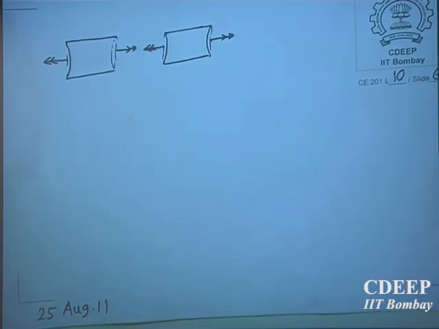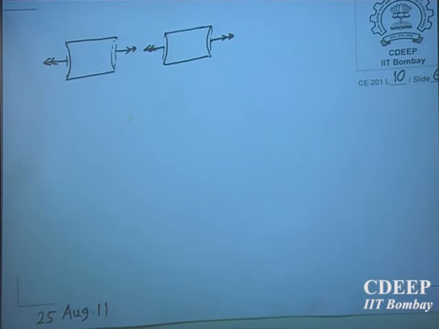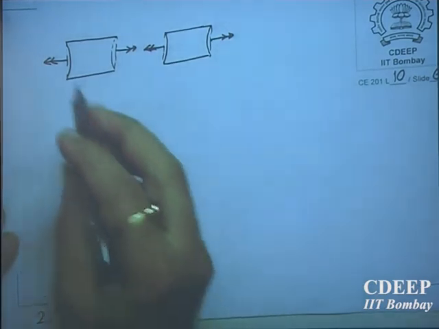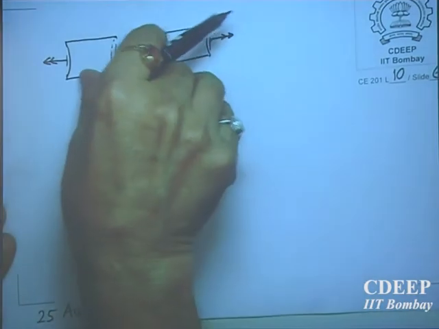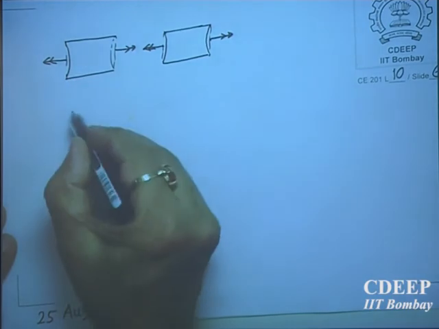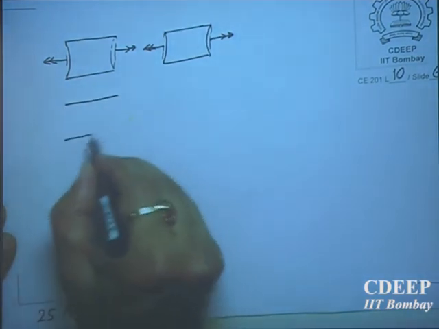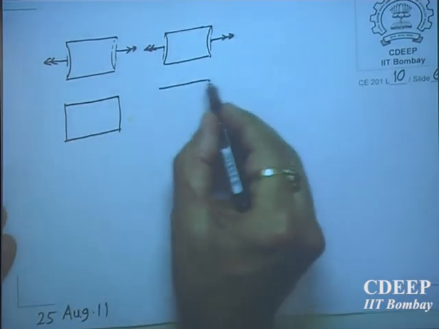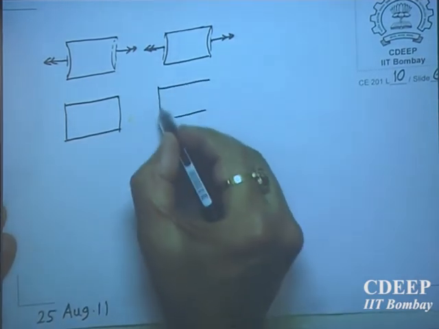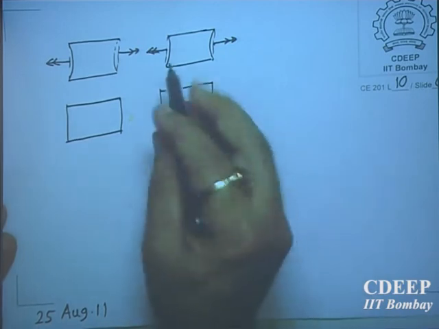So one thing is clear, that plane cross sections normal to the x axis must remain plane. From these two arguments, I can only say that a cross section which was originally plane and circular, when there was no torque, after torque is applied also must remain plane.